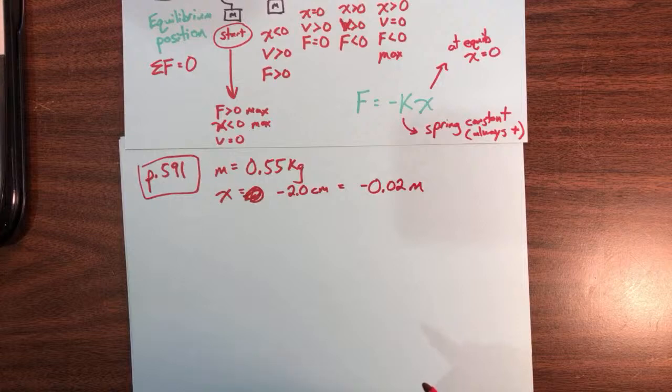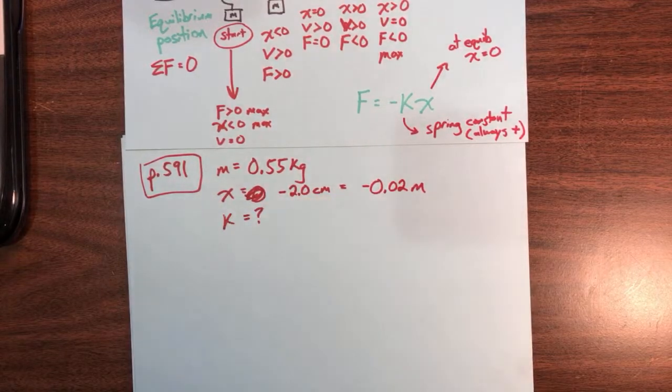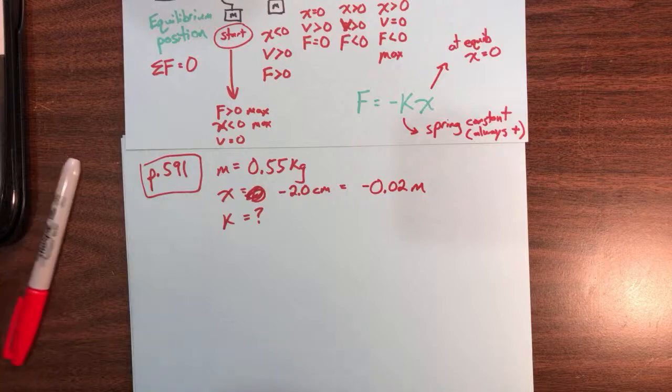What is the spring constant? So we're solving for k. Let me read that again. If a mass of 0.55 kilograms attached to a vertical spring stretches the spring 2 centimeters from its original equilibrium position, what is the spring constant? Now what's happening is that it's being stretched to a new, different equilibrium position.